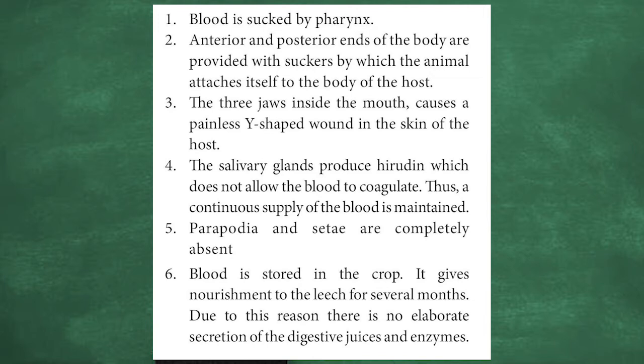The salivary glands contain the anticoagulant, namely hirudin. Parapodia and setae are completely absent. Blood is stored in the crop. It gives nourishment to the leech for several months. With that, we are concluding the adaptation as well as the full explanation of leech.